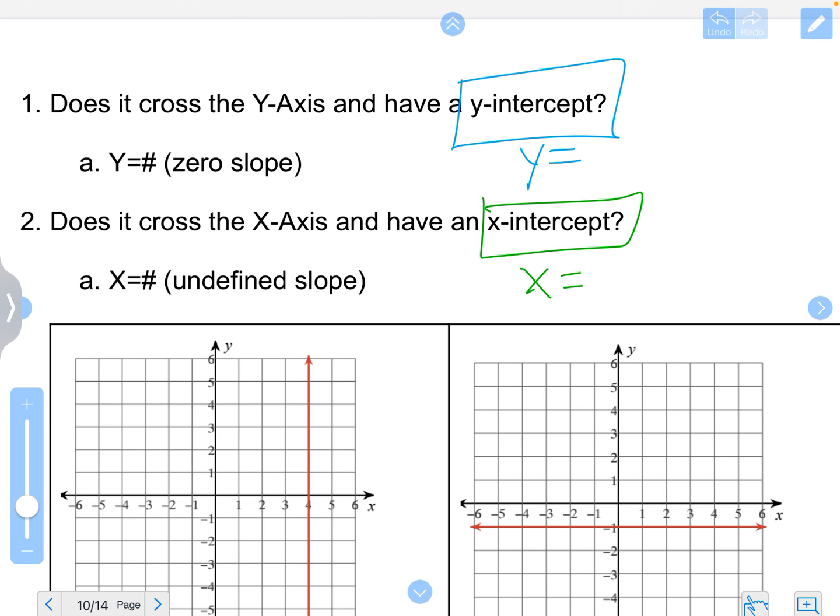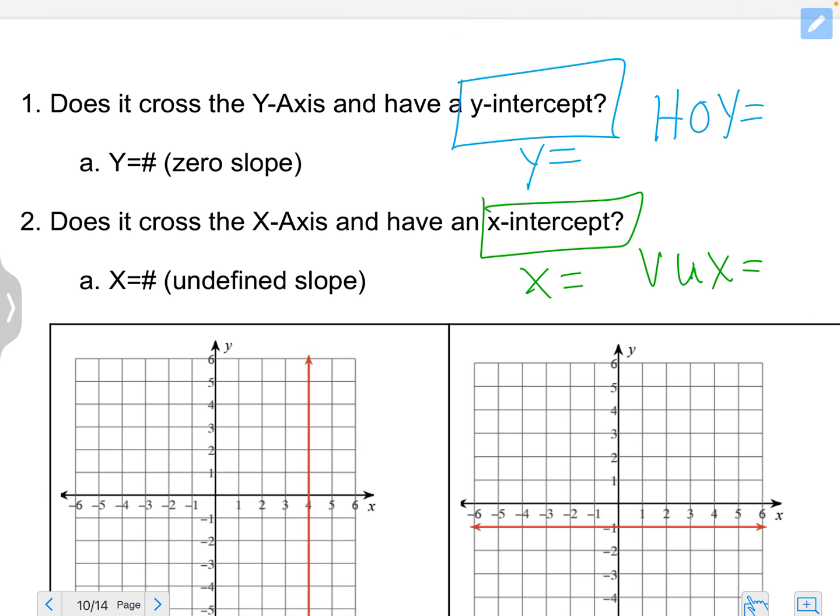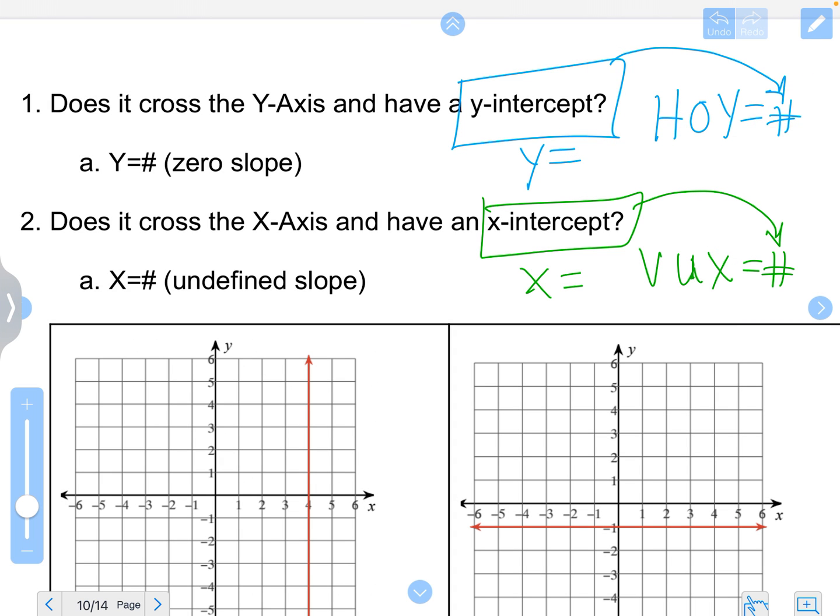That y-intercept tells us that it's a HOY. That x-intercept tells us it's a VUX. And wherever that intercept is, that is going to be the number in our equation.